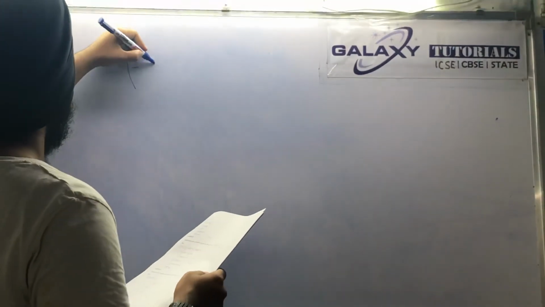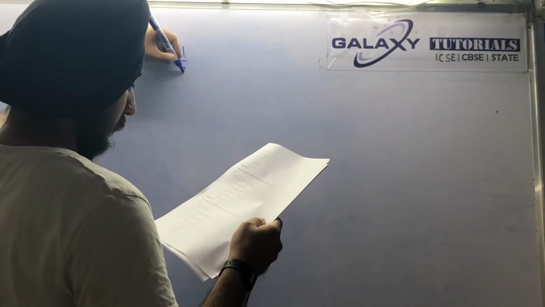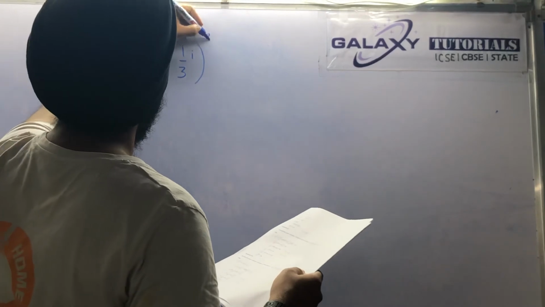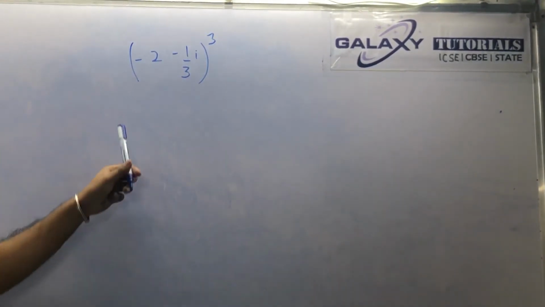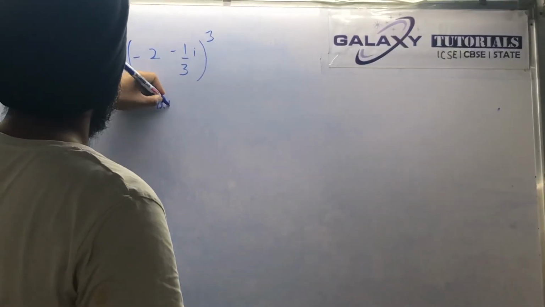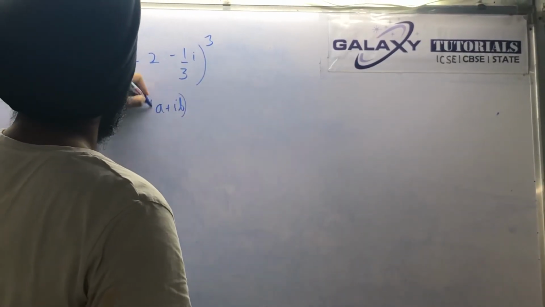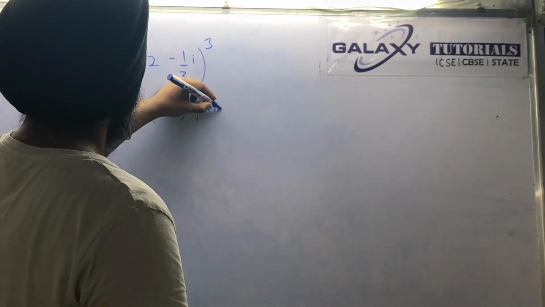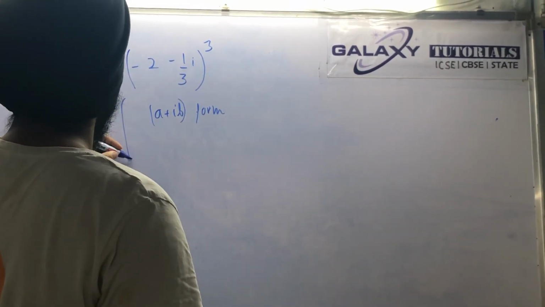Next is this one in the same a plus iota b form. So you can write it like this.